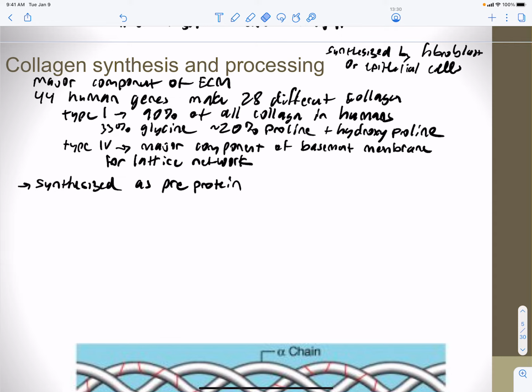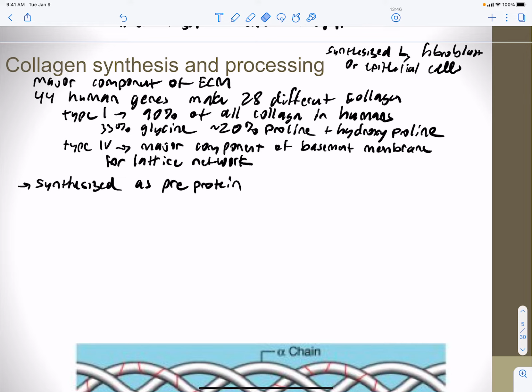The alpha chains of your collagen are going to associate into a triple helix structure, and these structures are called collagen fibrils. These are going to have two identical alpha chains and one different alpha chain.